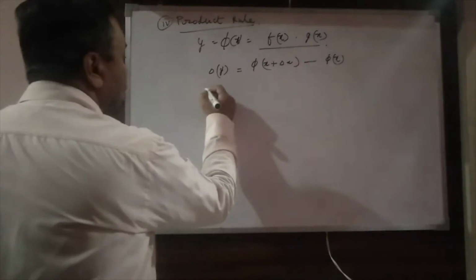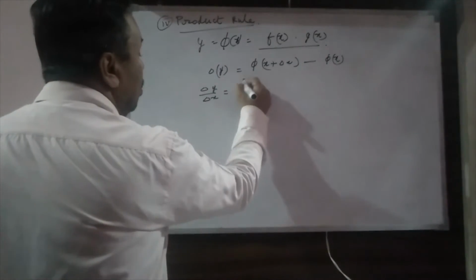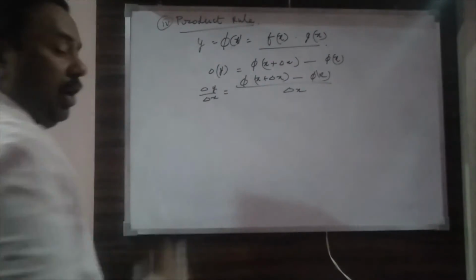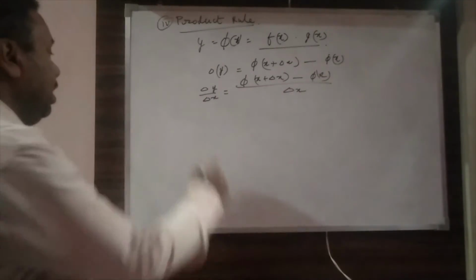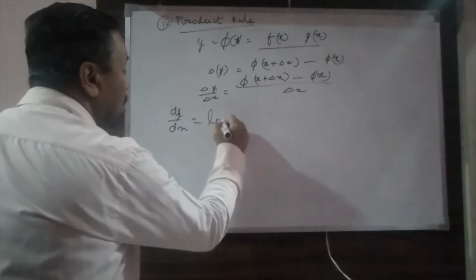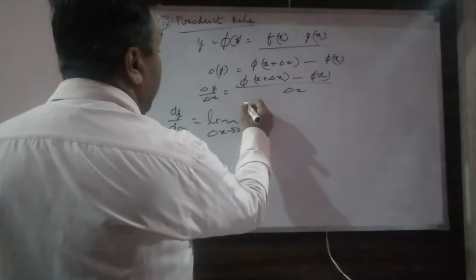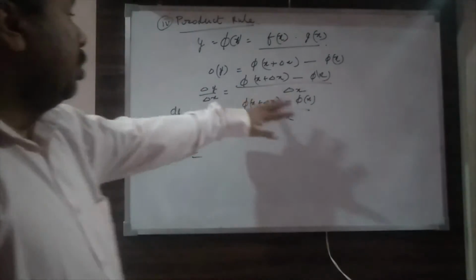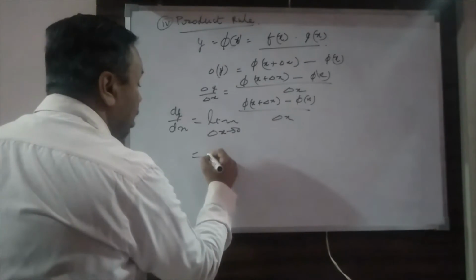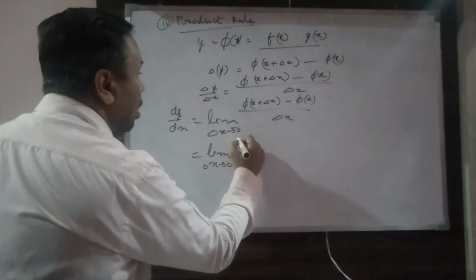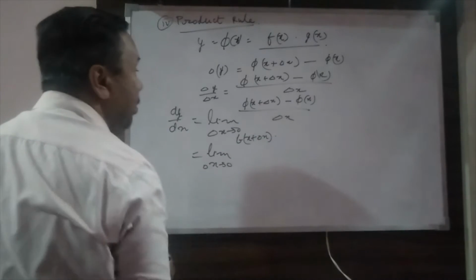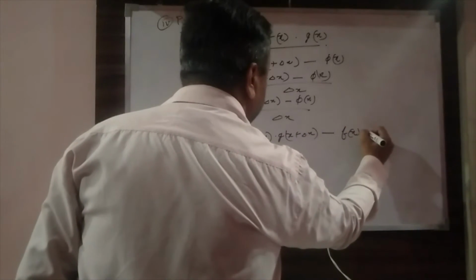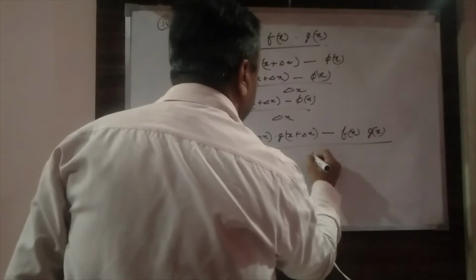So Δy/Δx will be equal to [f(x + Δx)g(x + Δx) − f(x)g(x)] divided by Δx, and when I minimize the difference, I will get dy/dx. So dy/dx will be equal to limit Δx tending towards 0, [f(x + Δx)g(x + Δx) − f(x)g(x)] divided by Δx.